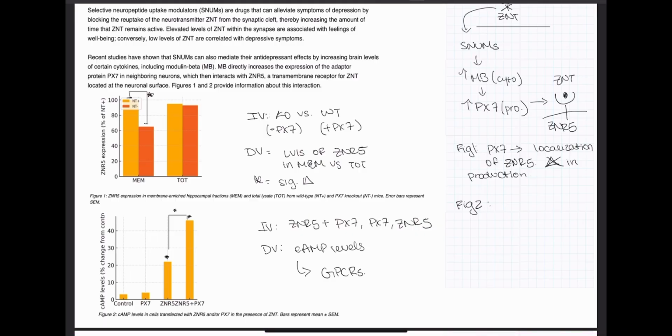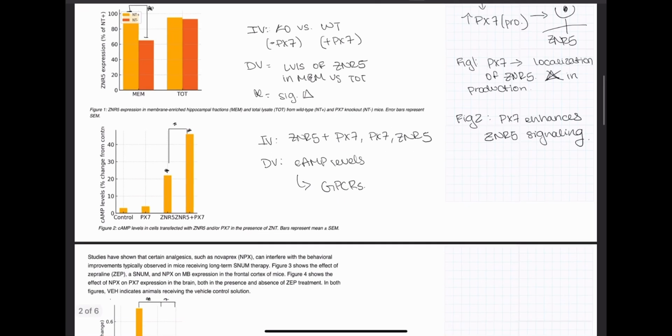So we know that PX7 enhances ZNR5 signaling. So there's some codependence happening, and it's probably because PX7 is helping it localize.